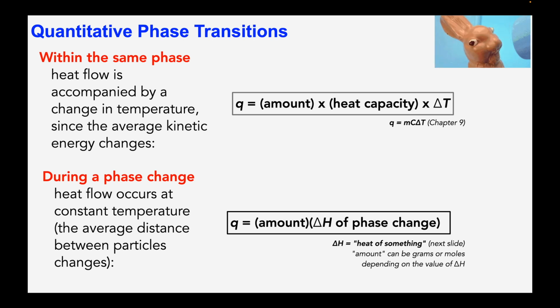For example, there's a delta H of vaporization, delta H vap. And if you want to turn that poor chocolate bunny up there into a liquid mess, you're going to have to turn the solid into a liquid. There's going to be the amount of the rabbit times some type of delta H for the process, and you can actually figure out Q. Q values, again, will be in joules or kilojoules, and as long as you have the right values, you can figure out anything like that you want to.